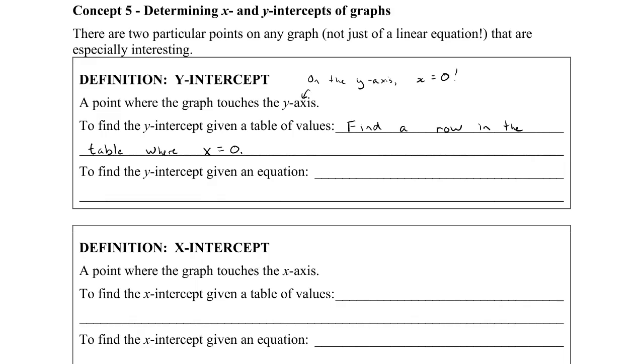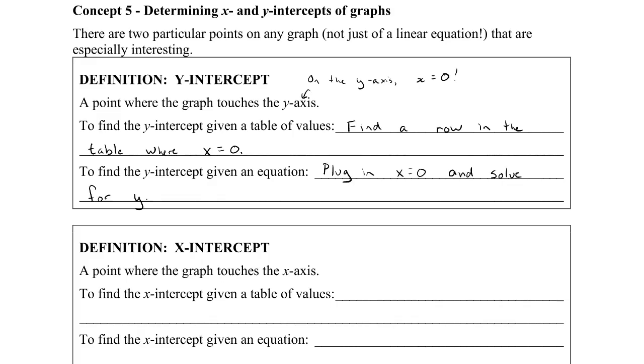And if the information we're given consists of an equation, then to find the y-intercept from an equation, we're going to plug in x equals 0 and solve for y.